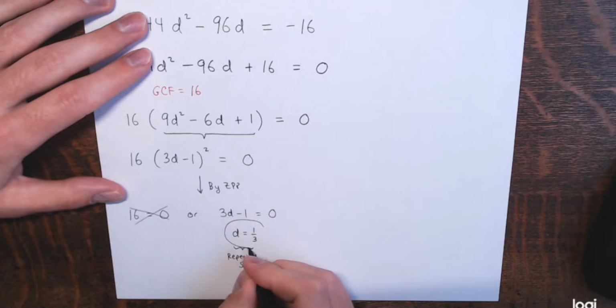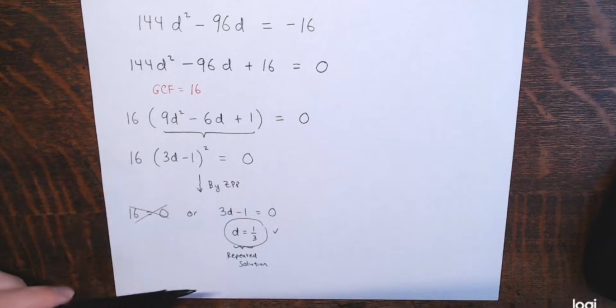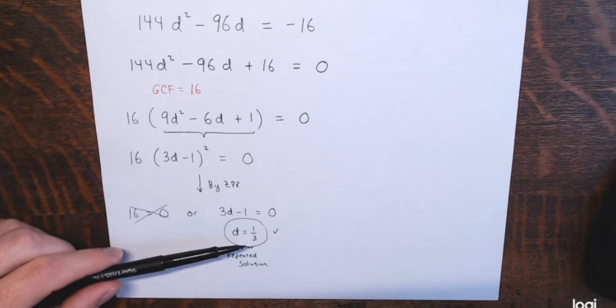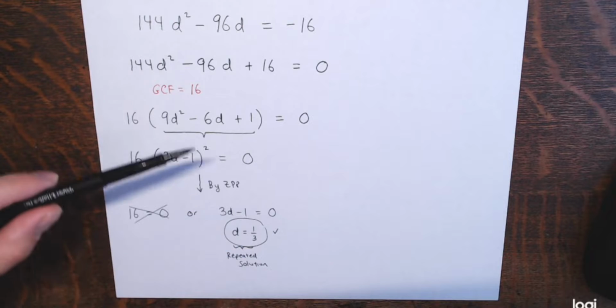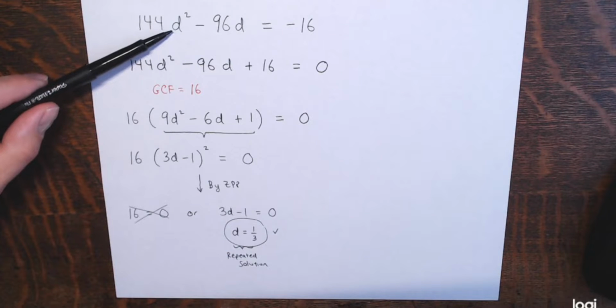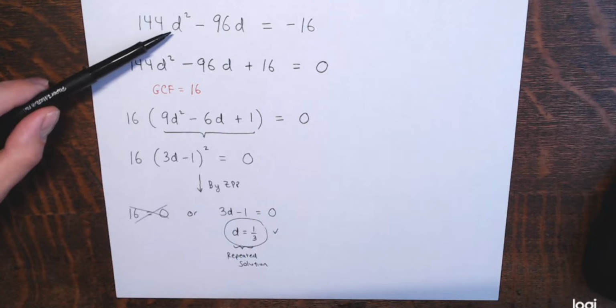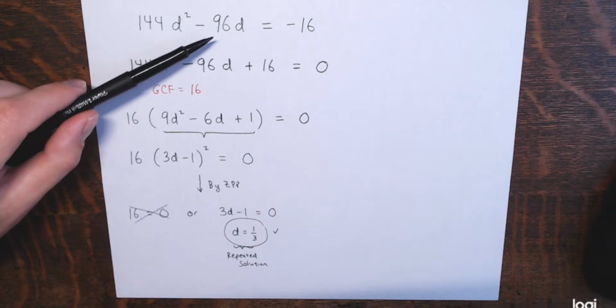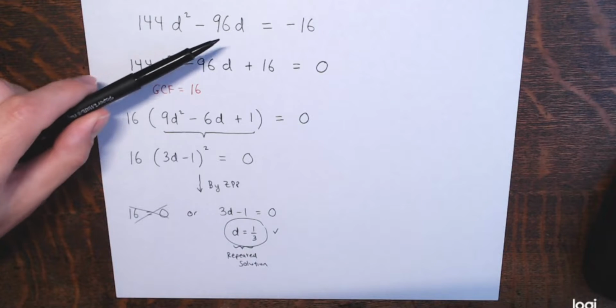Right? And of course, I'll leave it to you this time to check it. Actually, I can check it out loud pretty quickly. If d is 1/3, right, 1/3 squared is 1/9, and then 144 times 1/9 would be 16. 96 times 1/3 would be 32, and 16 minus 32 is indeed negative 16.